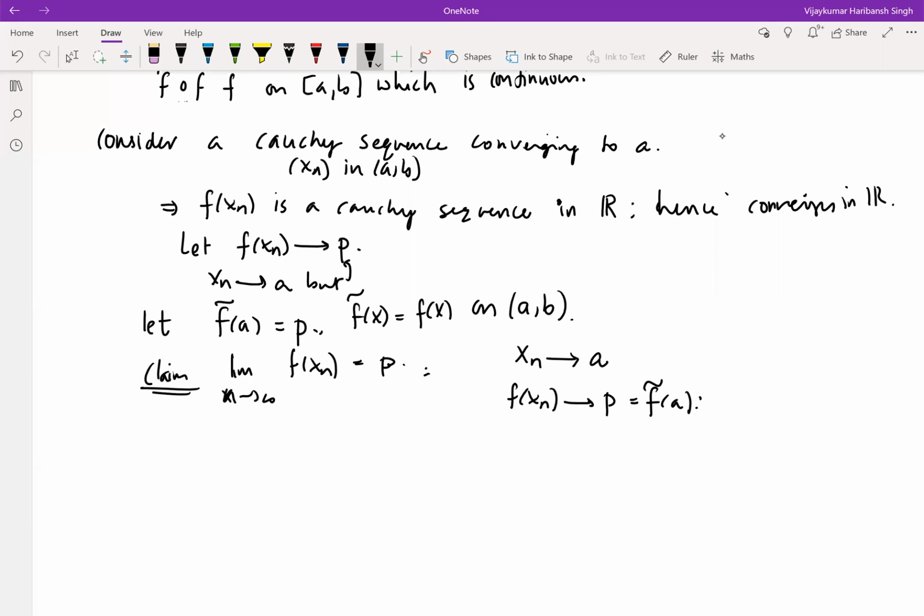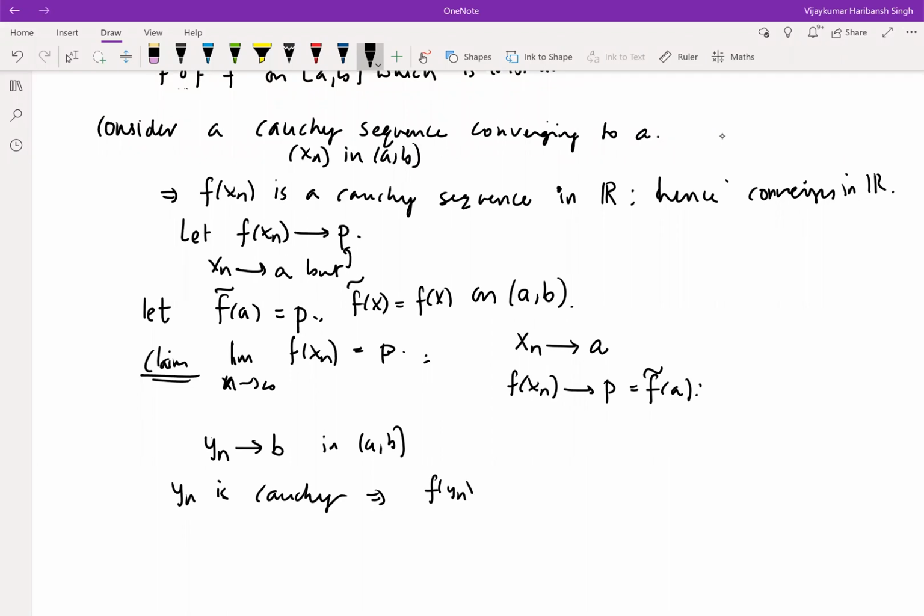Similarly, let yn converge to B, with yn in (A, B). This means yn is Cauchy. This implies f of yn is Cauchy. Why?